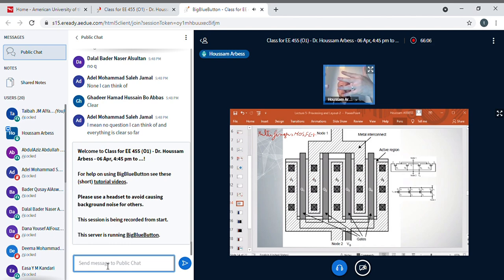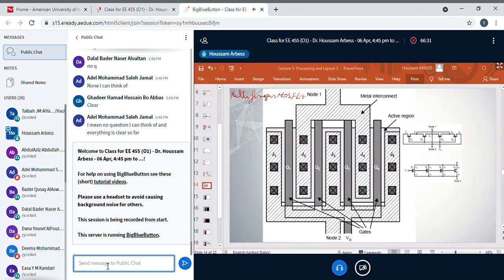We have multi-fingers for the drain and multi-fingers for the source. In this case, you can optimize the area taken by the transistor. Instead of having a very long transistor, you can have a multi-finger transistor, and increase the width of the transistor without increasing the area.